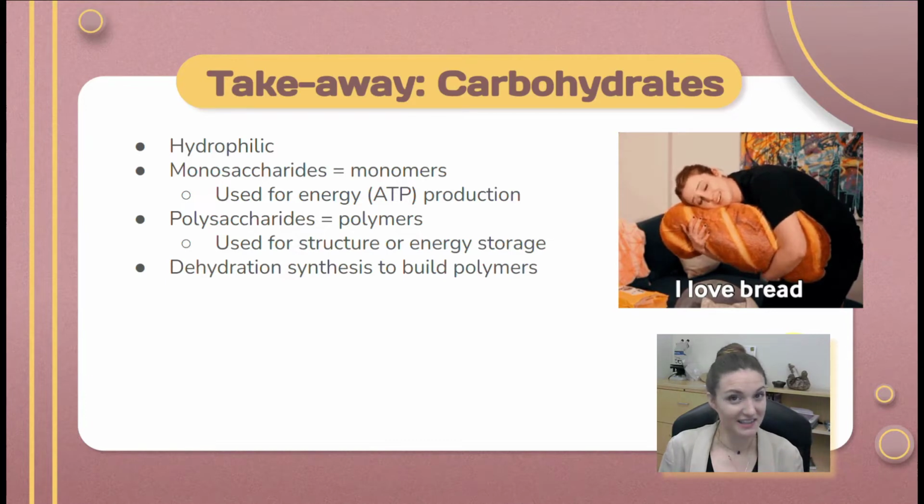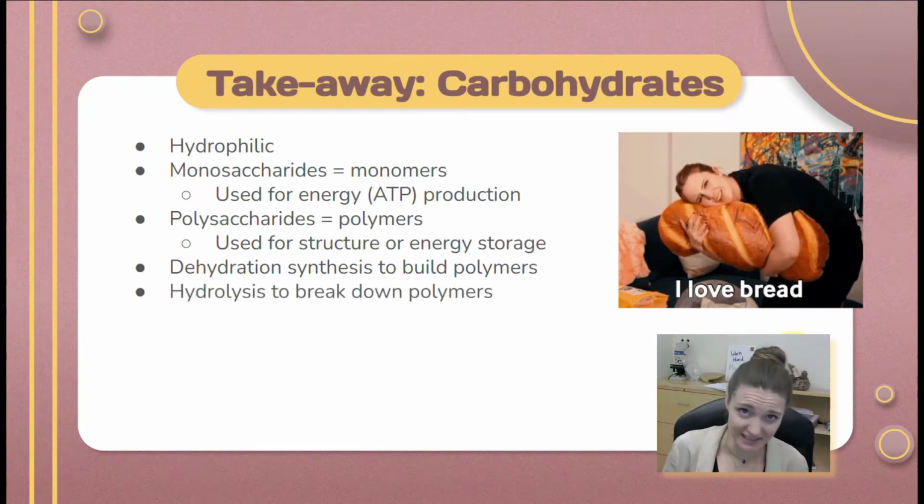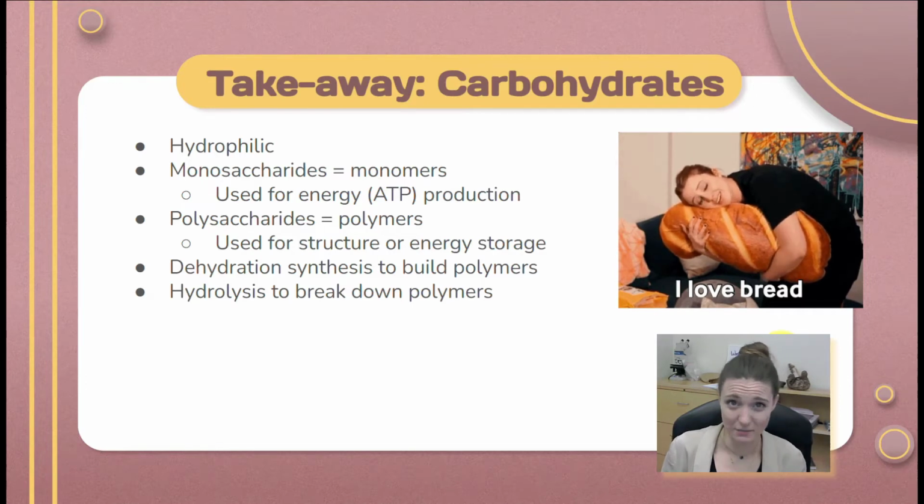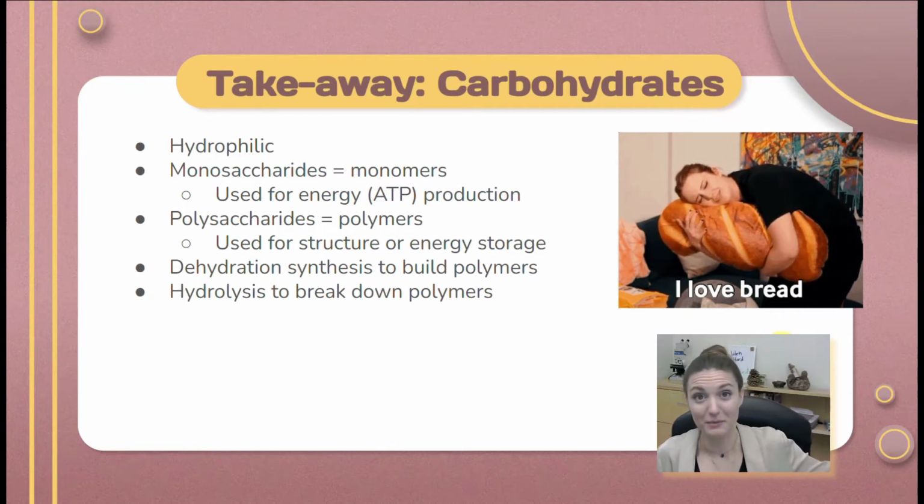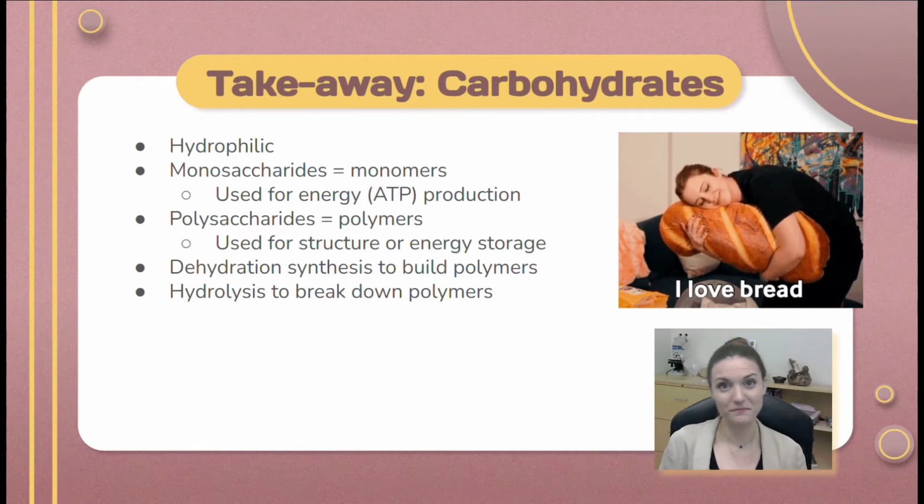Again, dehydration synthesis to build polymers, connecting monomers to build those polysaccharides. And hydrolysis is the opposite. Hydrolysis breaks down those polymers, so that we can get back to the monomers and then use those monomers to either be converted into another molecule, or most often those monosaccharides are used to make ATP.